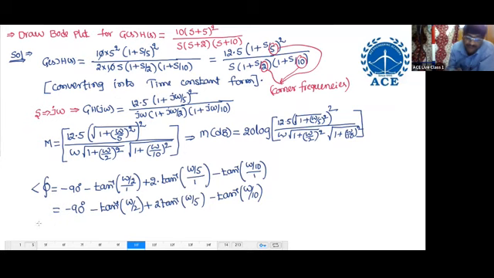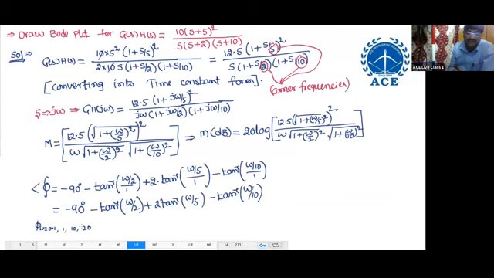You have to calculate it at omega 0.1. You have to substitute omega 0.1 and get the phase angle. Then substitute different frequencies, calculate the phase, and represent it in the plot.